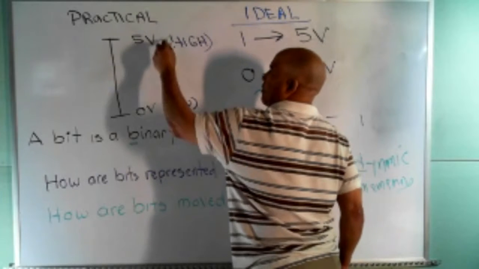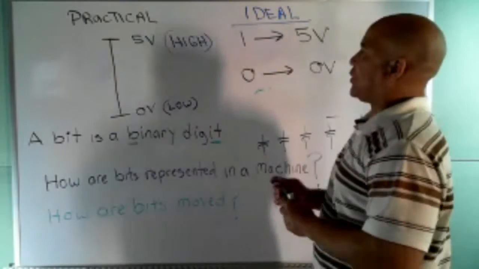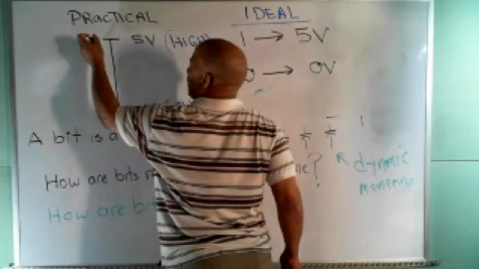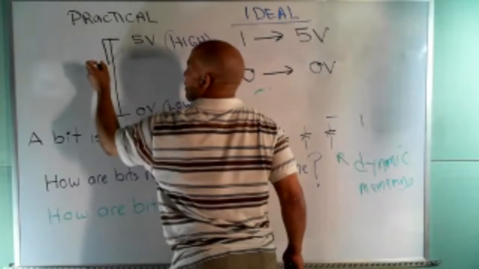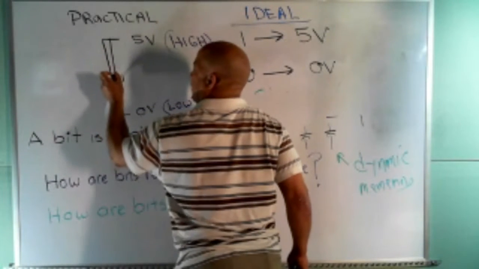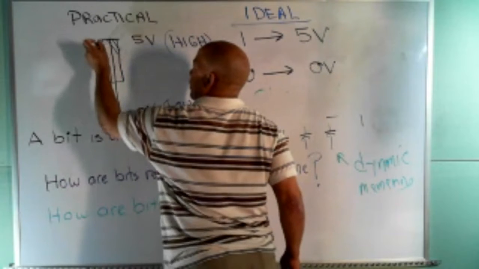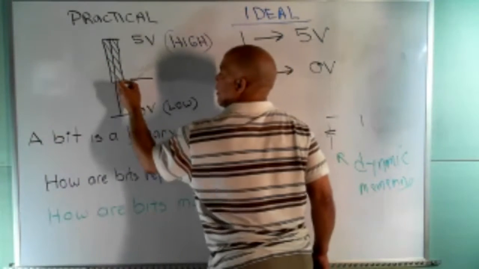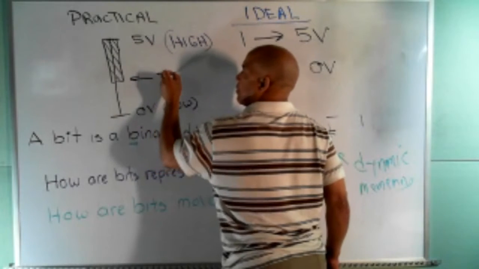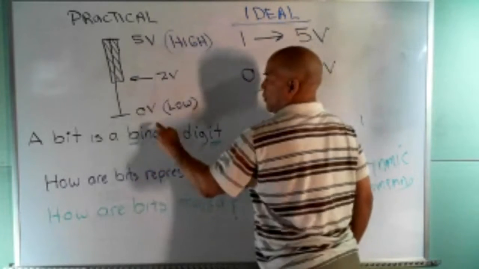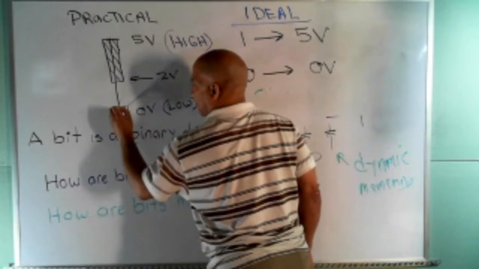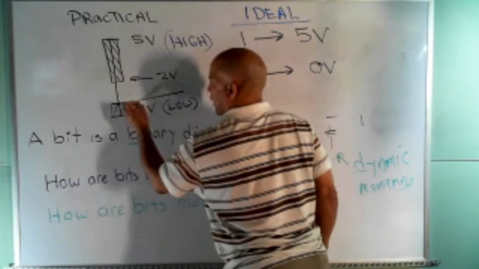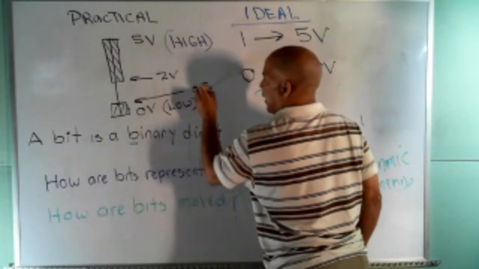But the point I want to make is there's a range. There's not just exactly 5 or exactly 0. This range might go all the way down to, let's say, 2 volts. And this range right here might go all the way up to, let's say, 0.8 volts.